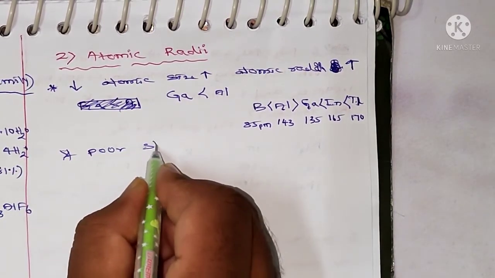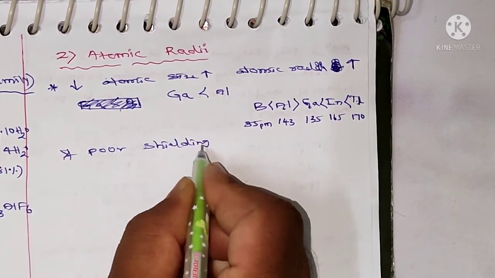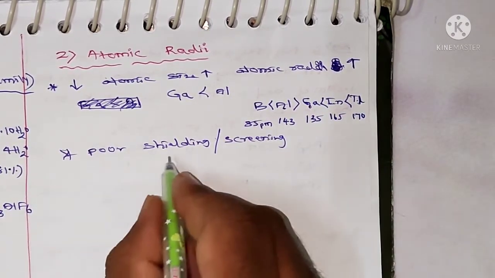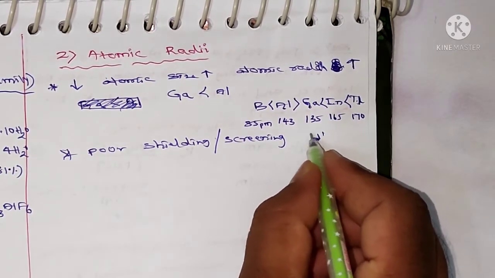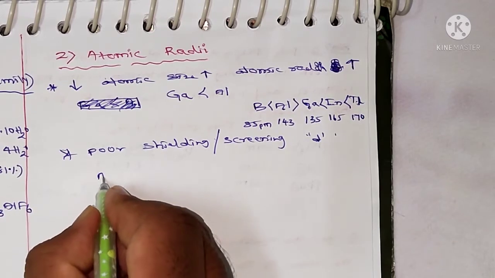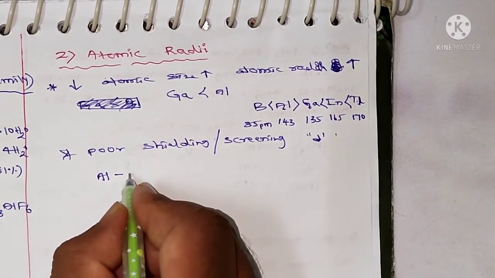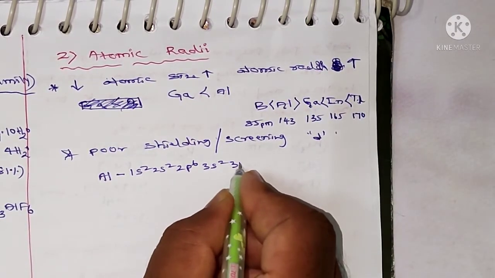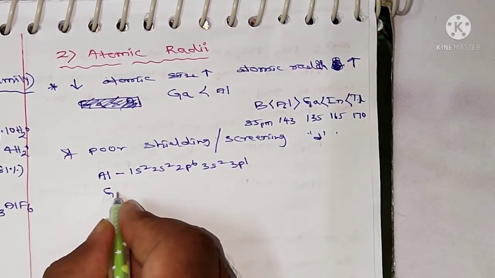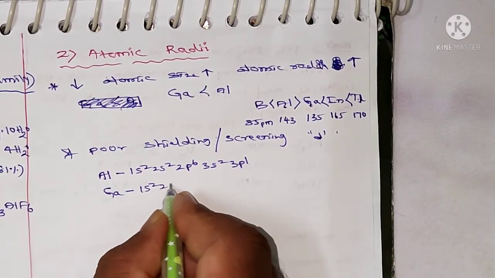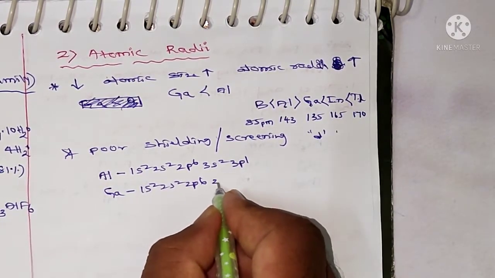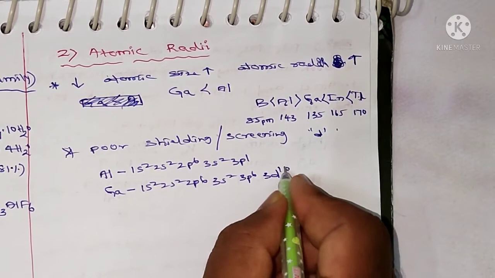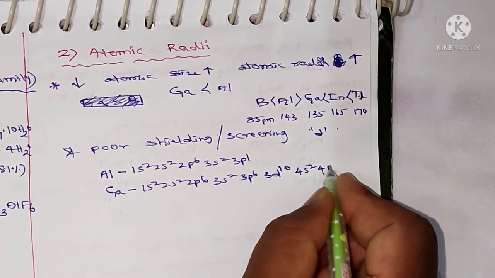Here I am taking the aluminium electronic configuration 1s2, 2s2, 2p6, 3s2, 3p1, and gallium 1s2, 2s2, 2p6, 3s2, 3p6, 3d10, 4s2, 4p1.